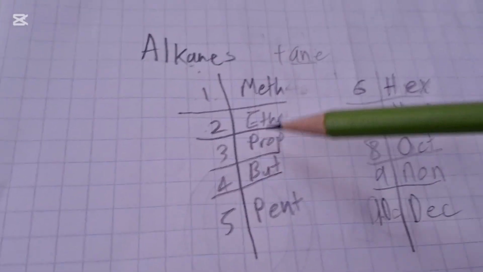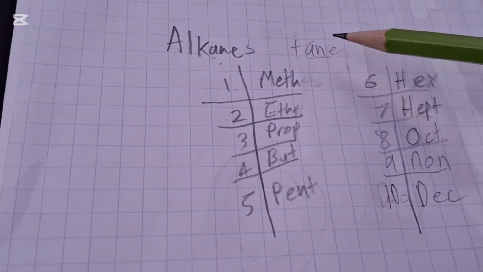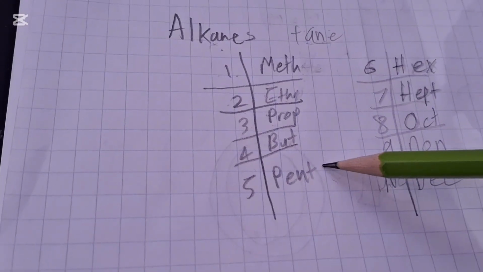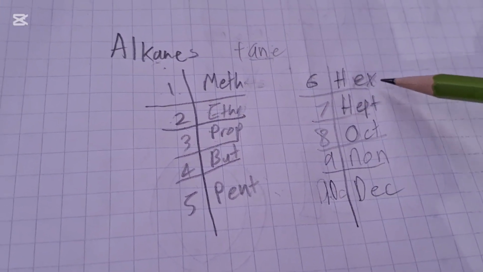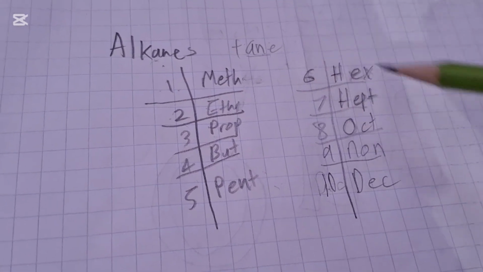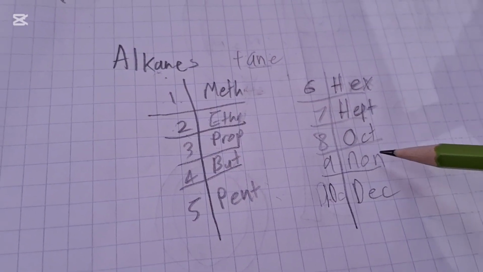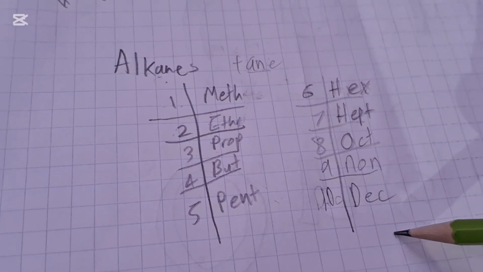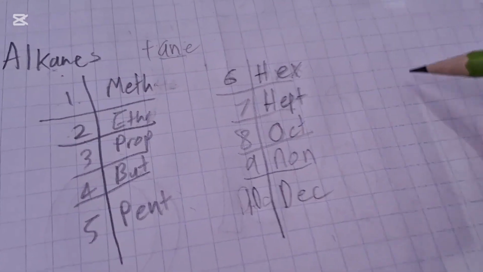Three carbons, propane. Four carbons, butane. Five carbons, pentane. And then six carbons, hexane. Seven carbons, heptane. And then eight carbons, octane. And then nine carbons, nonane. And 10 carbons, decane.